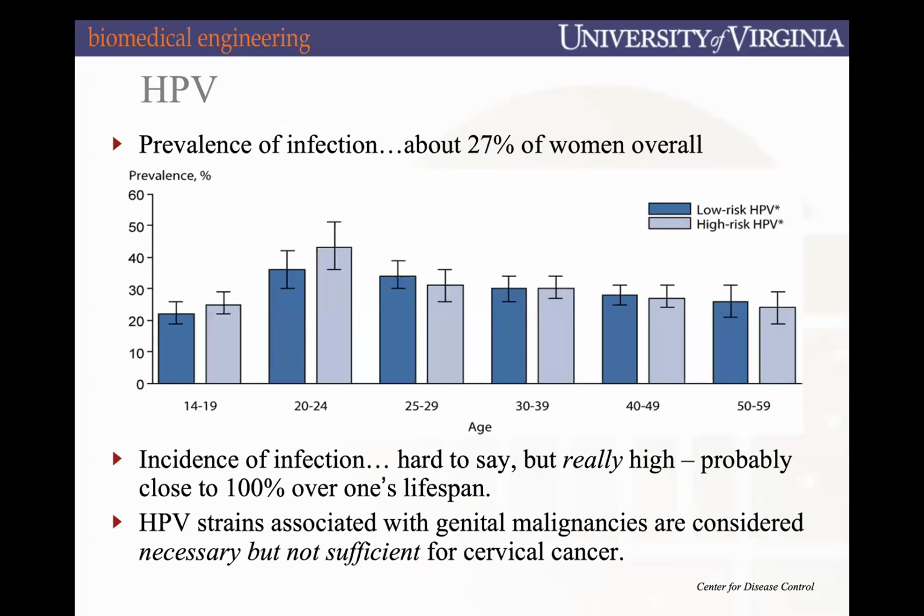What's important to note is that the infection rate of HPV is fairly high. There's a bit of a distribution across age. Usually about 27% of women overall will present with some sort of HPV infection. The incidence of infection over a lifespan is incredibly high, close to about 100%.